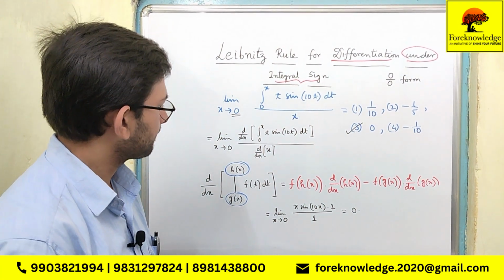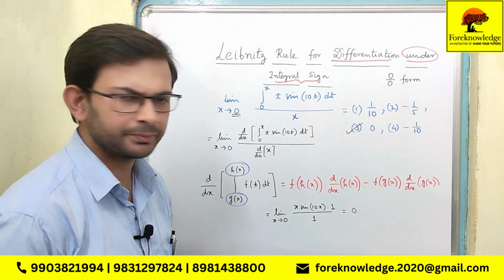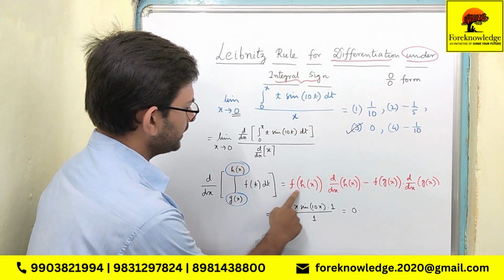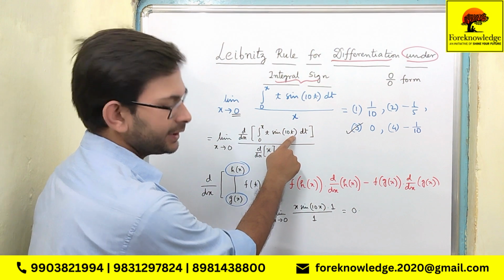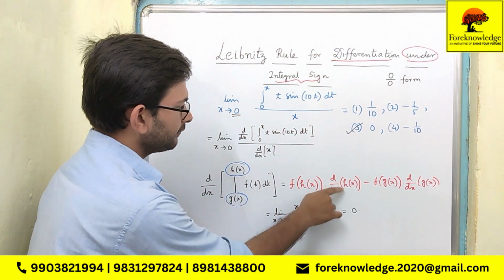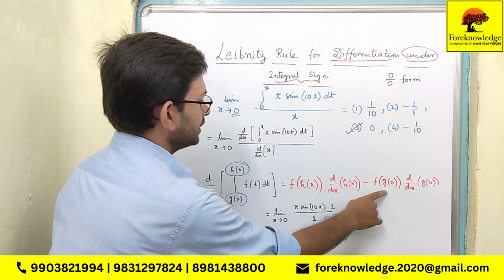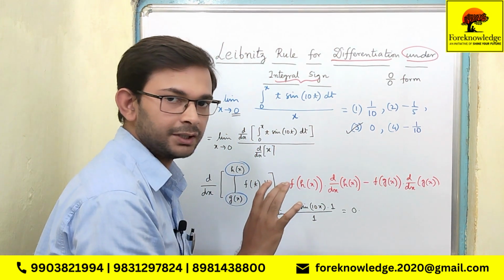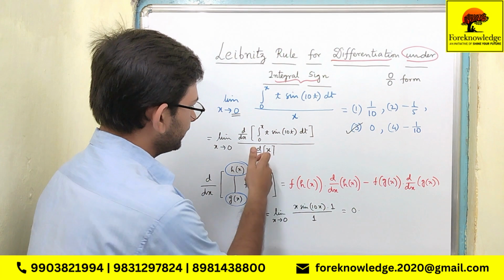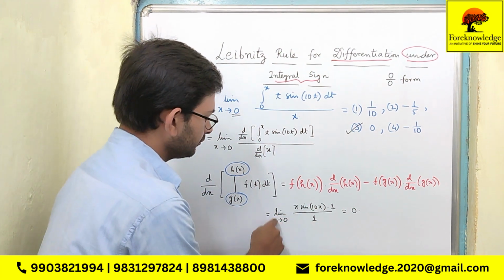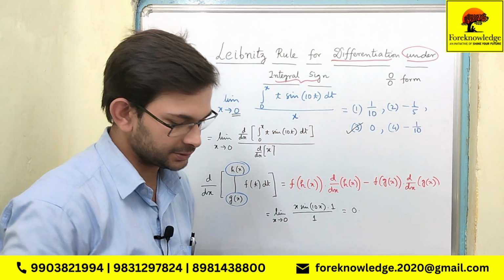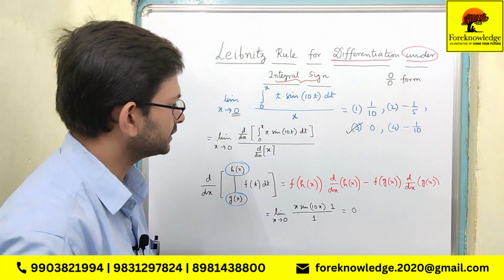Copy it down. I hope this is clear. Simple. f of upper limit, so x into sin 10x into derivative of x, that is 1, minus f of lower limit 0, that becomes 0, and the denominator is already 1, so just put the value, the entire thing is 0. This was the previous year question.